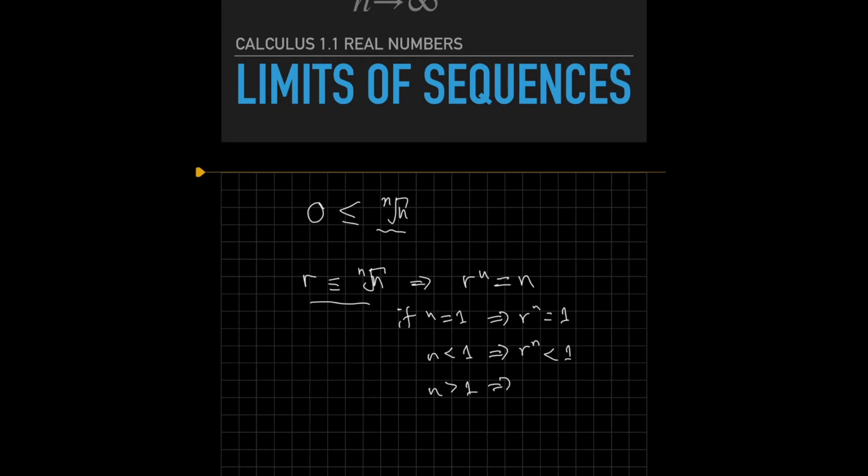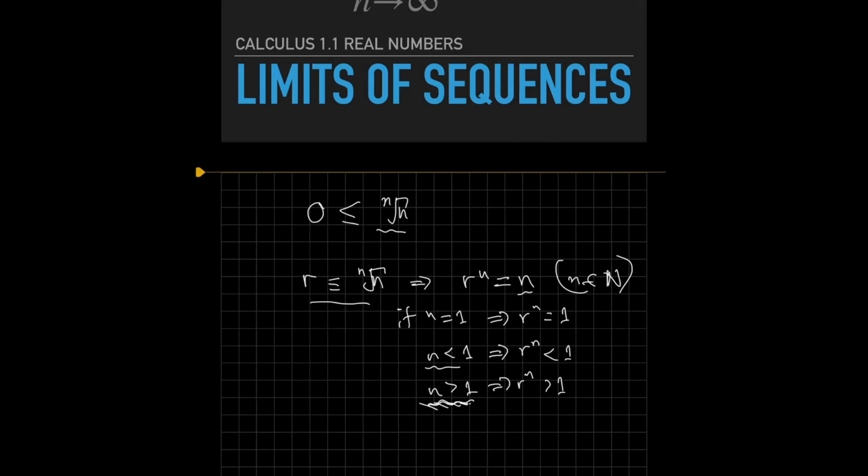And if n is greater than 1, then r to the n is greater than 1. And clearly we know that n is always greater than or equal to 1, because n is a number in the set of natural numbers.